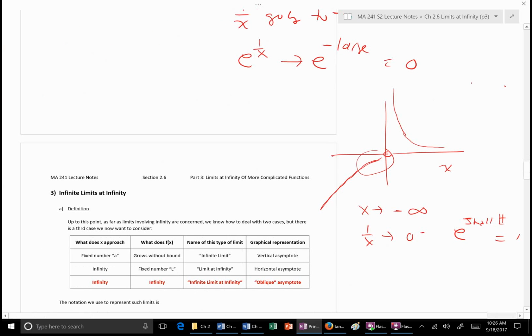So this function is going to look like this. It's actually going to approach 1. As x goes to negative infinity, 1 over x basically goes to 0 from the left.